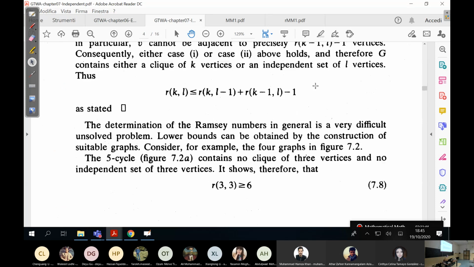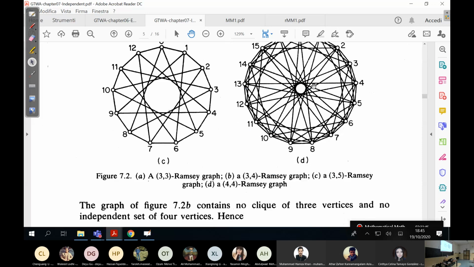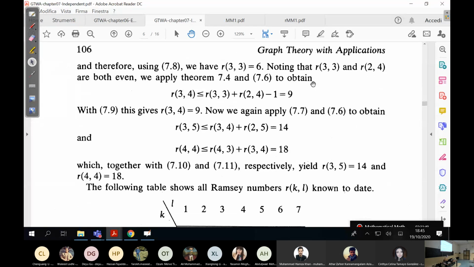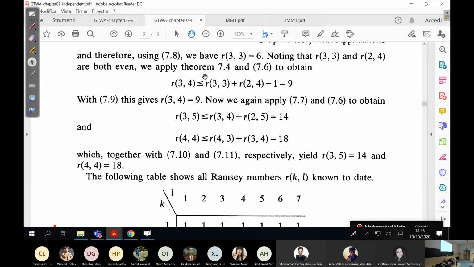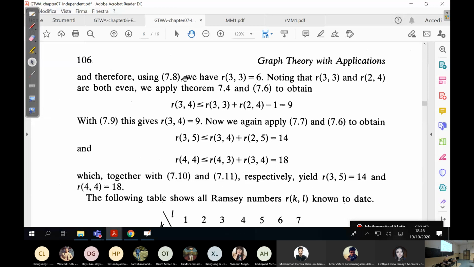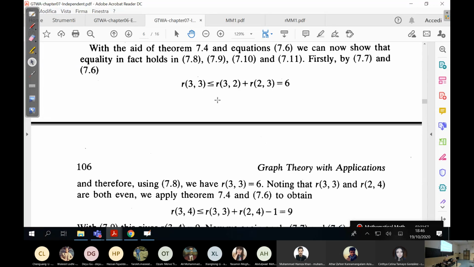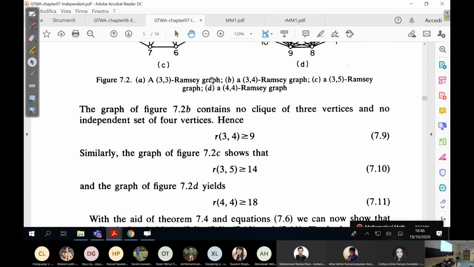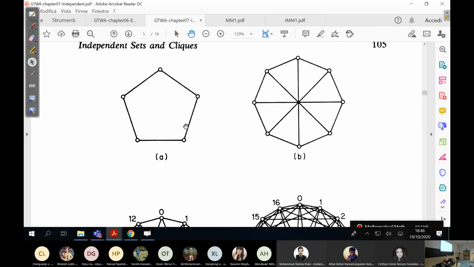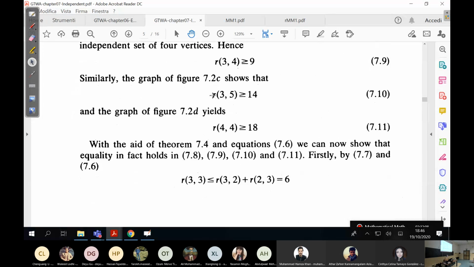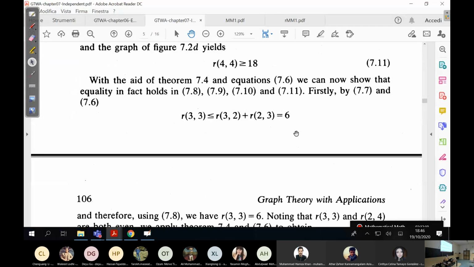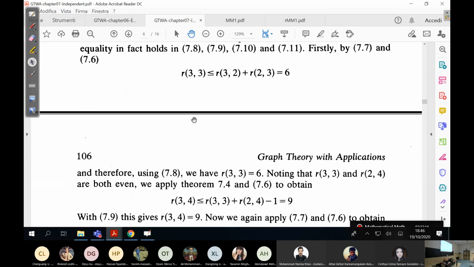And so, out of the inequality, we get that R(3, 3) is less than or equal to 6, but it has to be greater than or equal to 6 because of the existence of this Ramsey graph. And so we know that actually R(3, 3) equals 6. This is a way we can get R(3, 3).